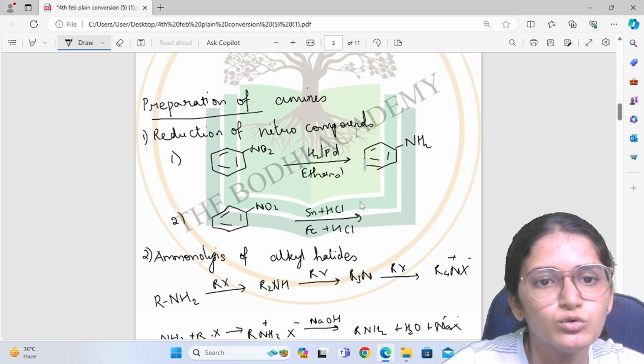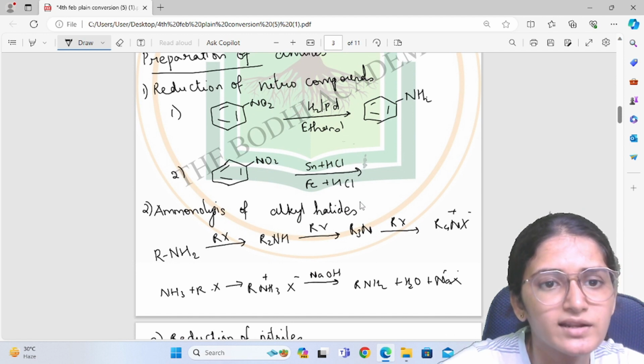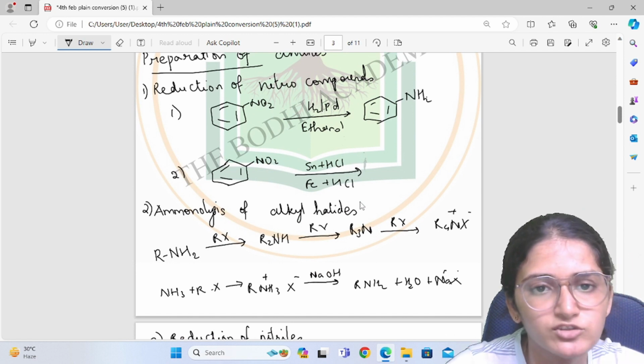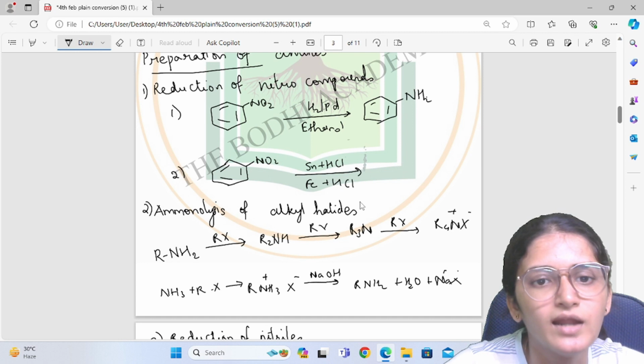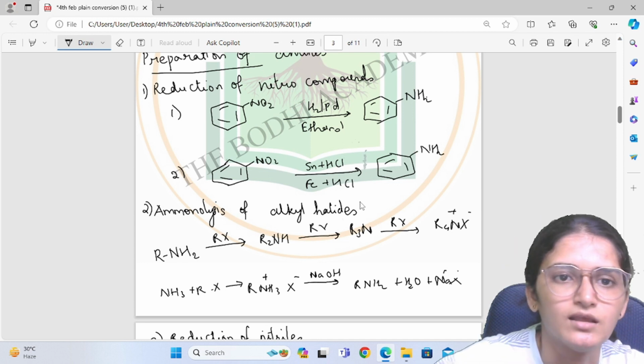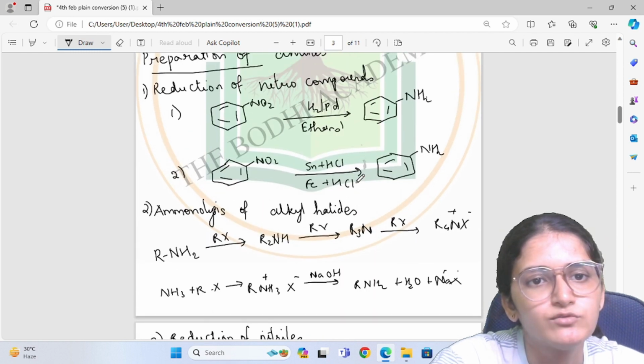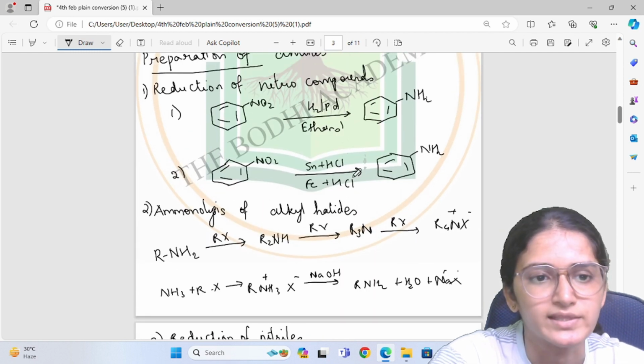This O2 is replaced by H2, and that's how we get the amine, benzenamine. Similarly, we can carry out the same reaction, but the reagents will be tin plus HCl or Fe plus HCl, which will give us the same product, that is aniline. So this is basically a reduction in which we produce aniline from nitrobenzene.